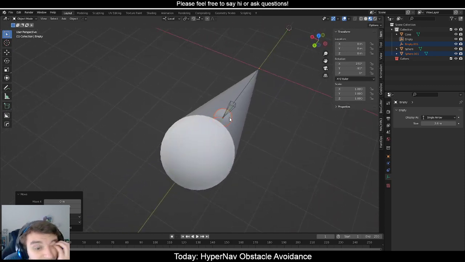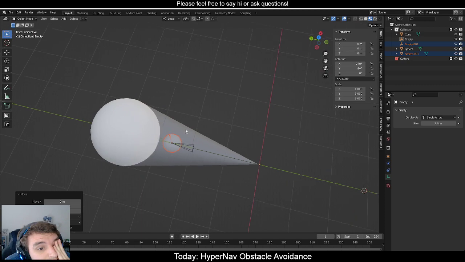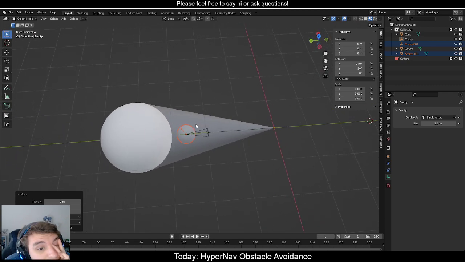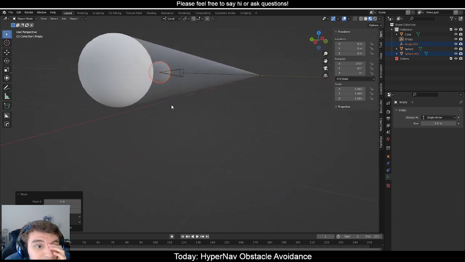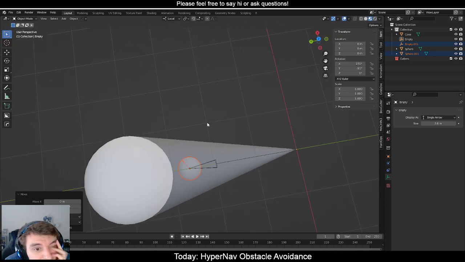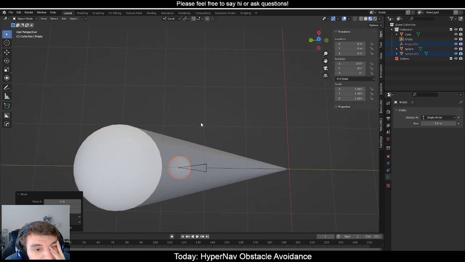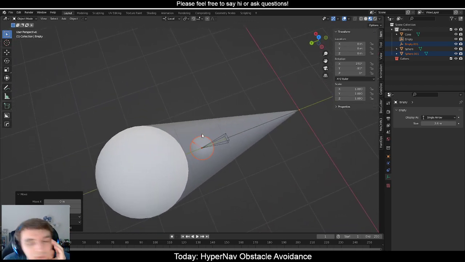So in this case, okay, in this case, the sphere of my movement is completely contained within this cone. In which case I still want to move towards the outside of the cone. But what's going to be the circle in this case?